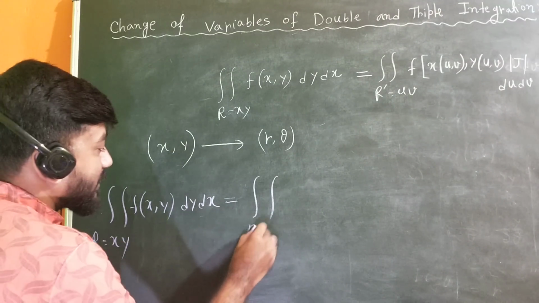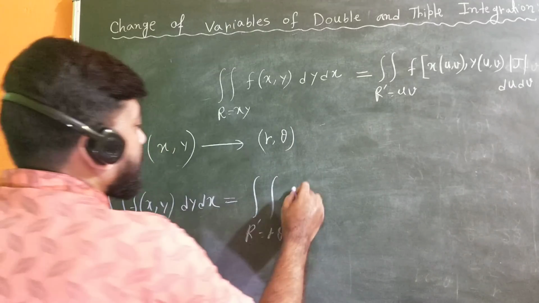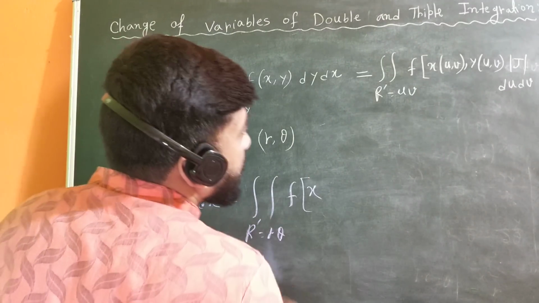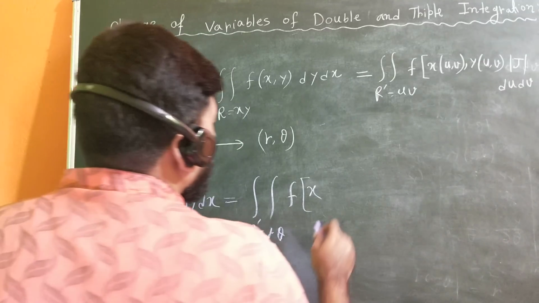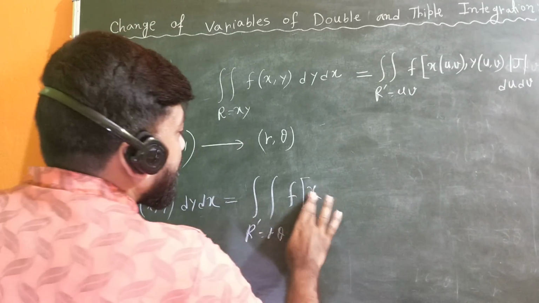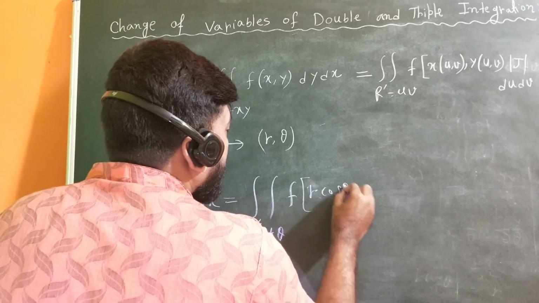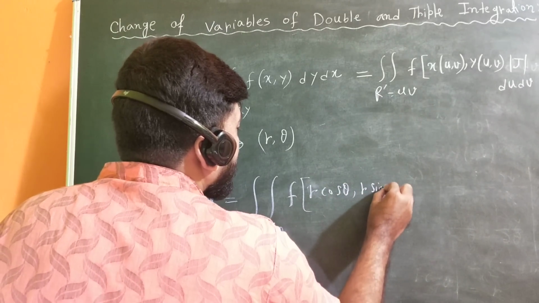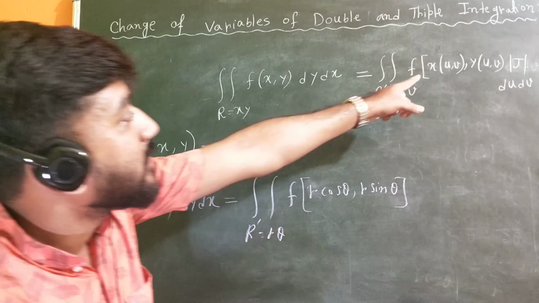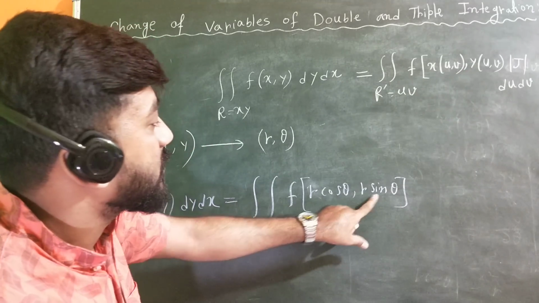The region will be R dash, in terms of r theta now instead of uv, and the function will obviously be of x and y. x is a function of u and v, and here that will be r and theta. So you can directly write it like this: x is a function of r and theta, that will be r cos theta and r sin theta. That means x(u,v) here is x(r,theta), and y(u,v) means y(r,theta).